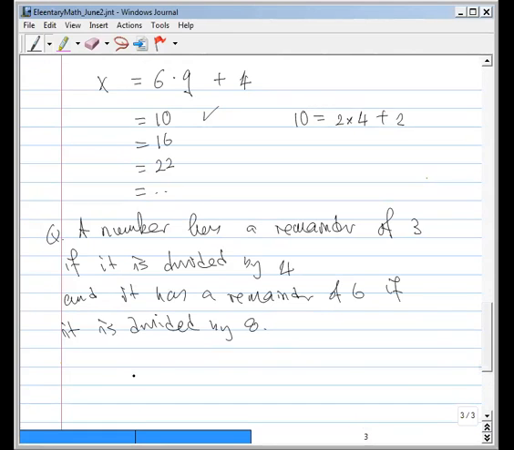Okay, so find the smallest. This number should be greater than 6. Find what is the smallest possible value of the number.